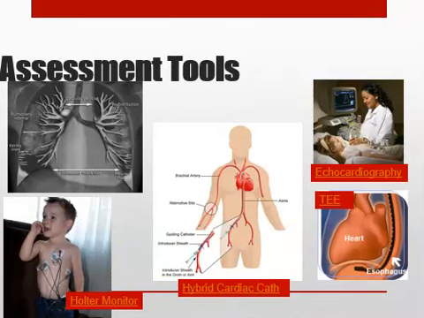We are going to watch videos here, but we did talk about the different diagnostic tests. The echocardiogram uses sound waves to take a picture. And we talked about cardiac cath is a catheter that goes through the vessel in the arm, groin, or neck. They use dye to visualize structures.